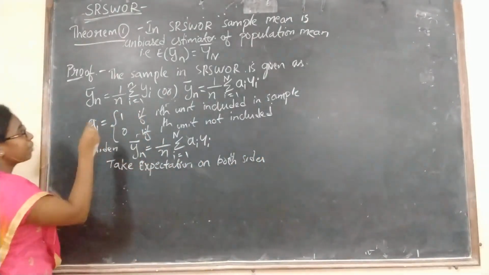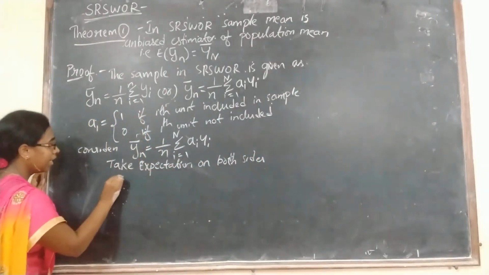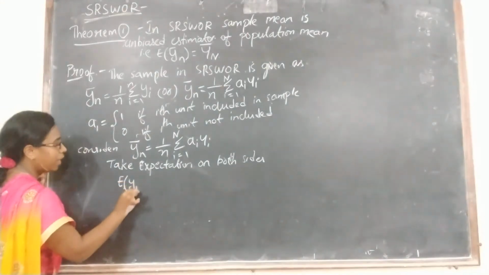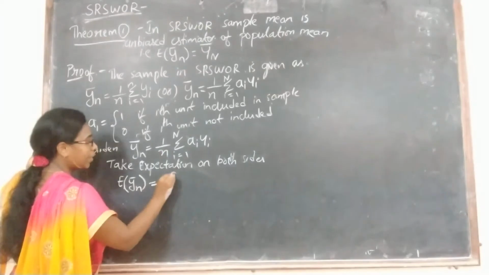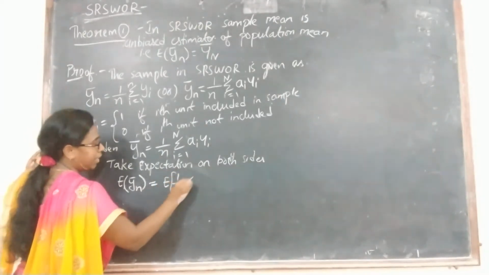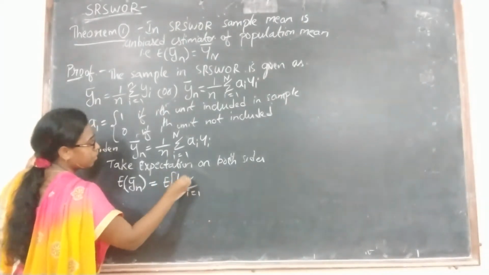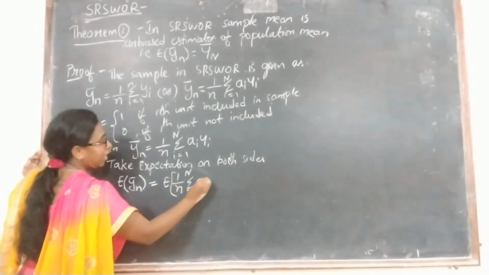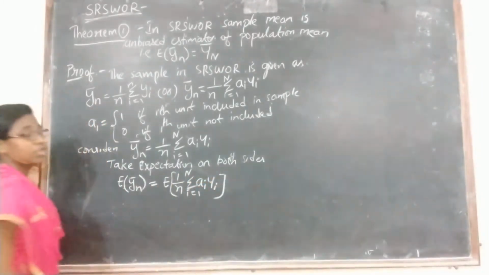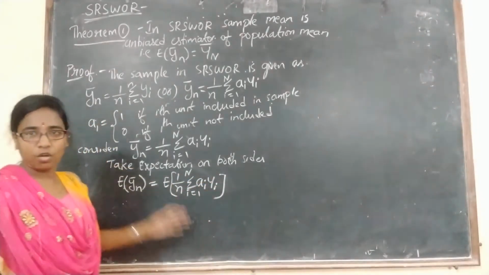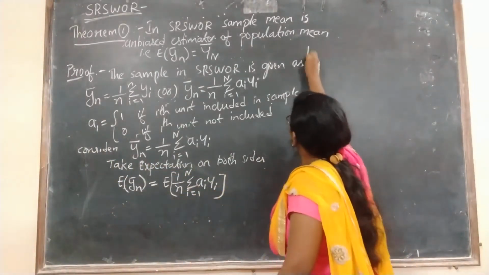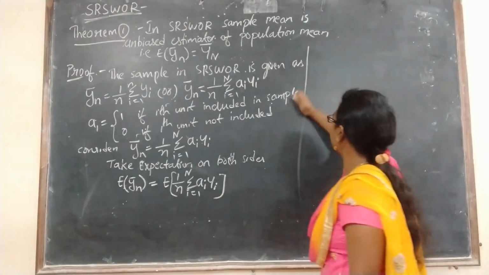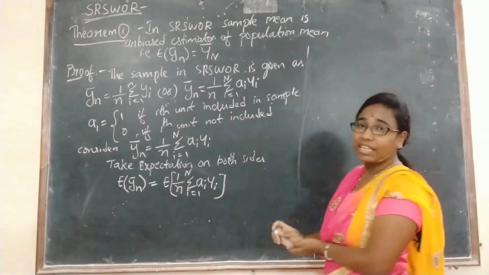If you take expectation, what you will get? Expectation of yn bar equals, on the right hand side also, expectation of 1 by n summation i equals 1 to capital N, ai into Yi. The expectation of a constant is always the constant, so write all the constant values outside the expectation.